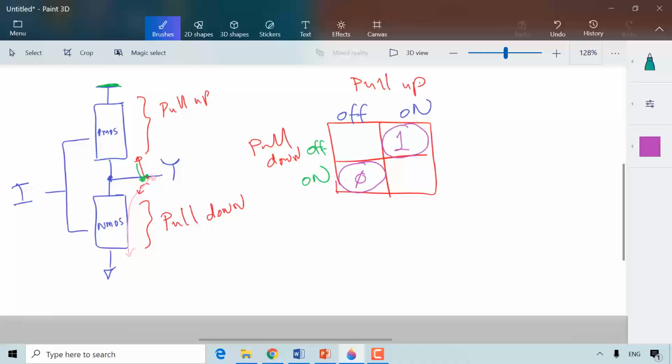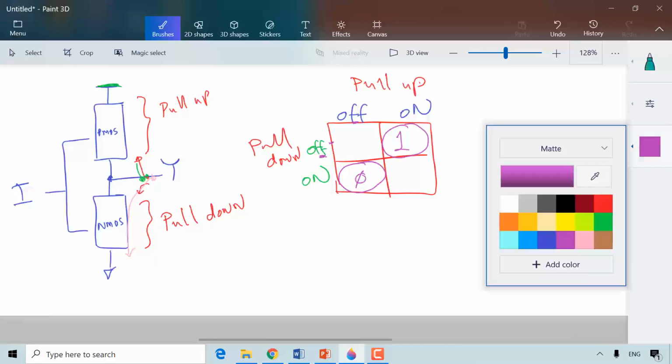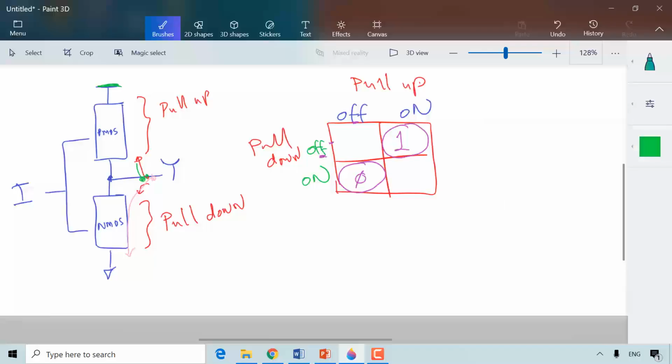What about the two other quadrants? What happens if both the pull-up and the pull-down are off? In this case, I'm going to call the output floating, or high impedance. What do we mean by floating or high impedance? When the output node does not have a direct path to the power supply or to ground, this node is referred to electrically as floating, because it could have a value anywhere from 0 volt all the way to VDD.